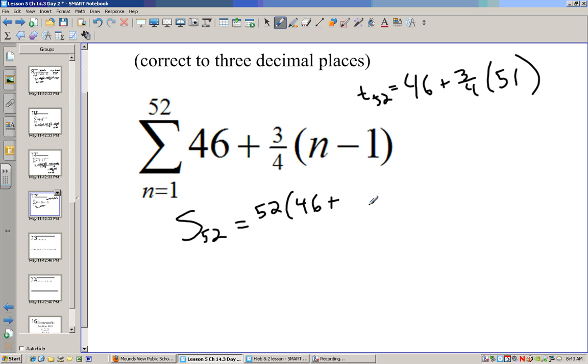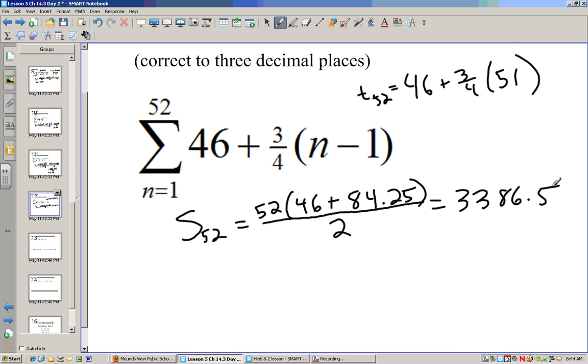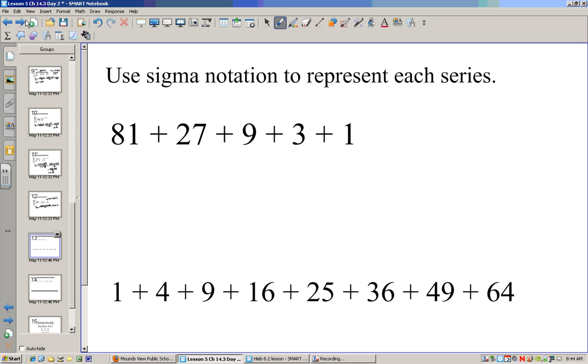Add 46 to that, and I have my t sub 52 to be 84.25. That's divided by 2. So now I just do the math. And I get 3,386.5. Notice if we wanted to do this by writing out the terms, it would take quite a while.